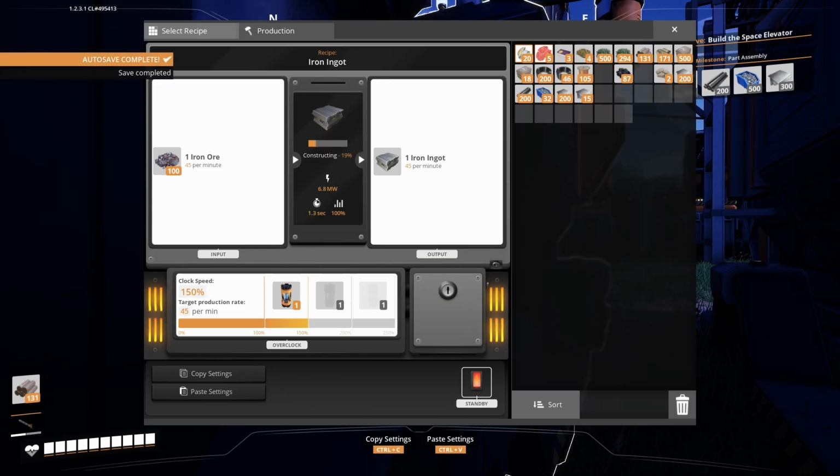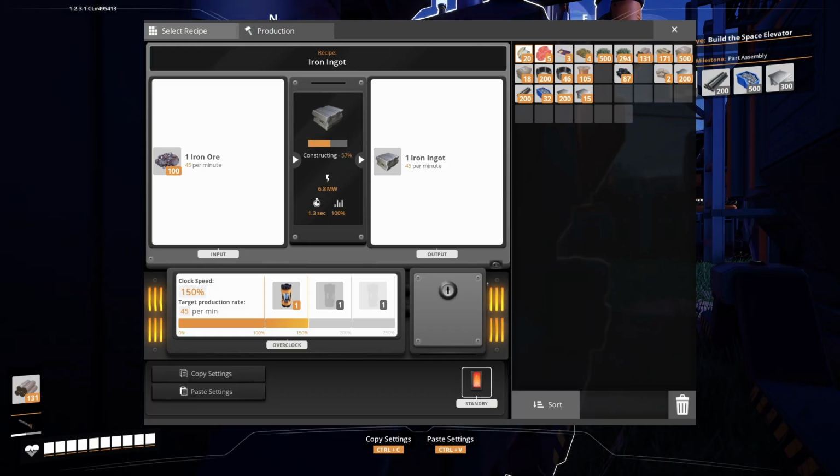Let me look this up real quick. Satisfactory power shards. Yeah, I don't think they are consumed. I think they're just a permanent power thingy that I can put in the machines. Well, cool.